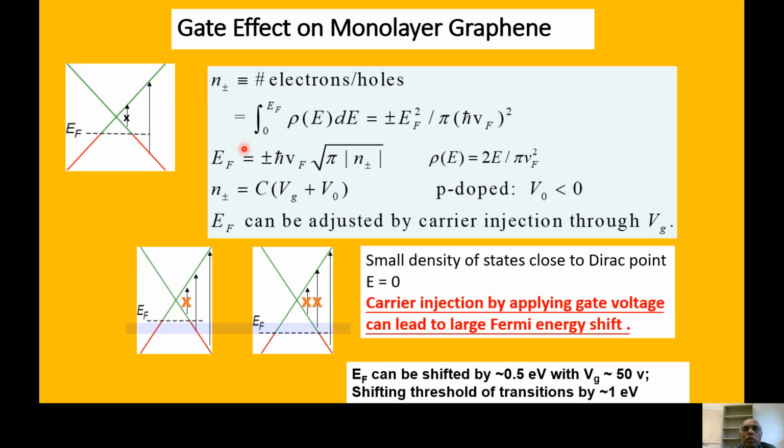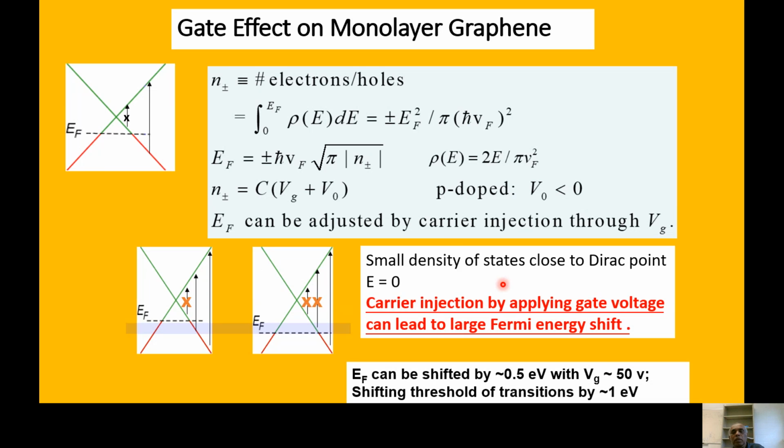Also, please remember the number of electrons is given by this equation, right? We also know your Fermi energy is a function of the square root of your charge density. So you can see by applying gate voltage, you can shift your Fermi energy from the Dirac point in the direction of either the conduction band or the valence band.